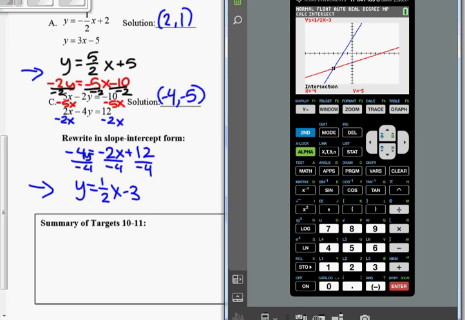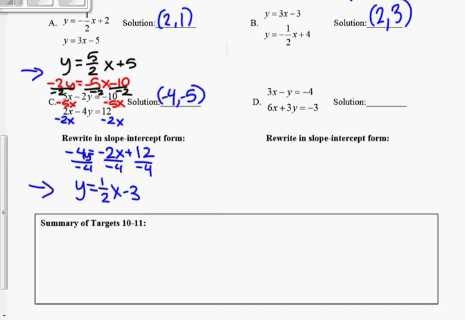Okay. For our last example D, again, we need to put these into slope-intercept form. First equation, I will subtract 3x. So then negative y equals negative 3x minus 4. To get rid of the negative, divide everything by negative 1.